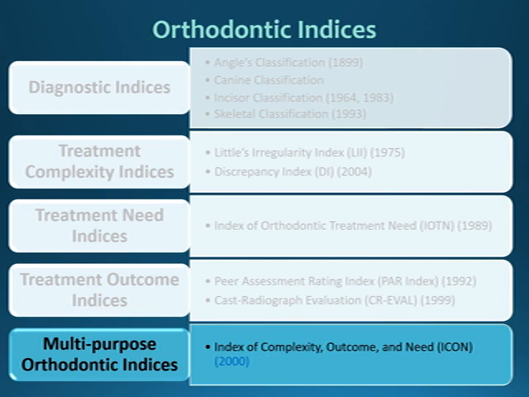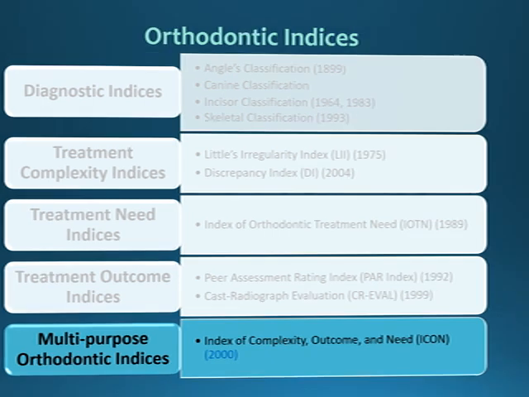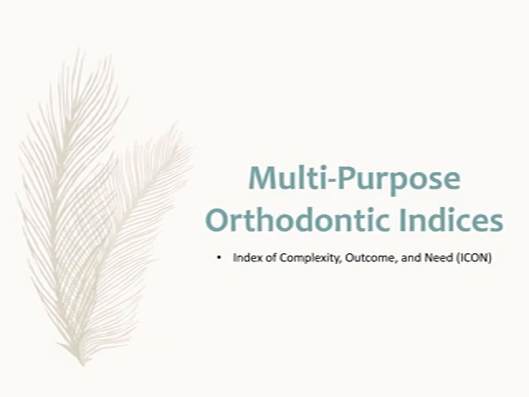Now we finished treatment outcome indices, the PAR index and the cast radiograph evaluation index. And finally, we have multipurpose orthodontic indices, with an example of the Index of Complexity, Outcome, and Need, ICON.